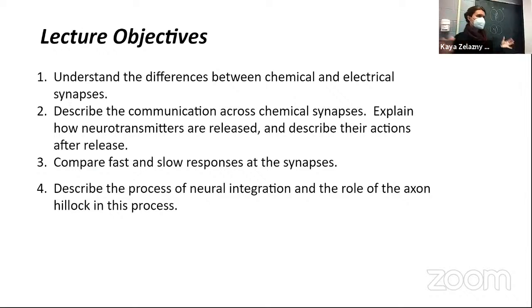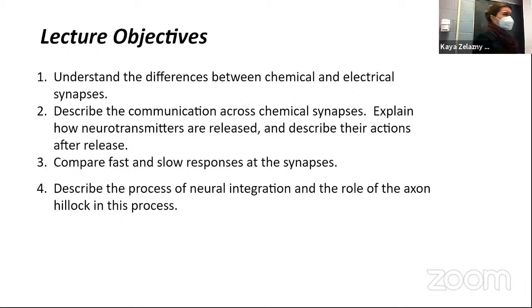So synapse is basically going to be the connection between two neurons in sequence. We're going to have different types of signaling happening in that connective space that move our action potential, move that signal from one neuron into the next one. So we're going to be thinking about different types of synapses.